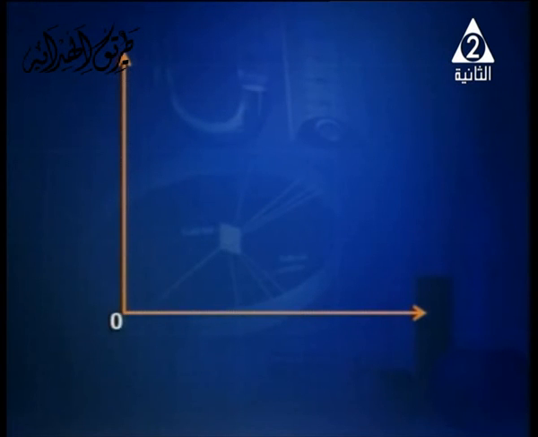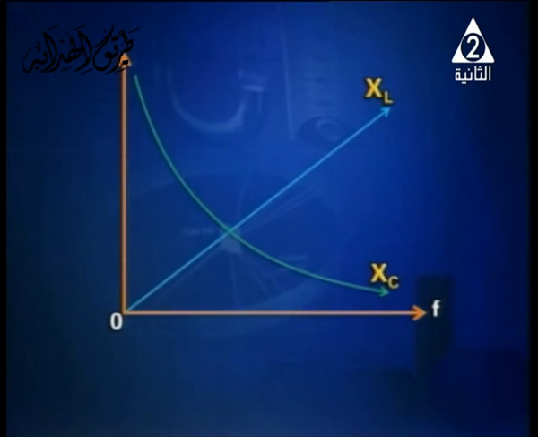If we plot the relation between opposition and frequency for each item, we'll obtain a straight line for inductive reactance, a curve for XC, the capacitive reactance, and a horizontal line for the resistance. And to combine all of this, it is shown in front of you.